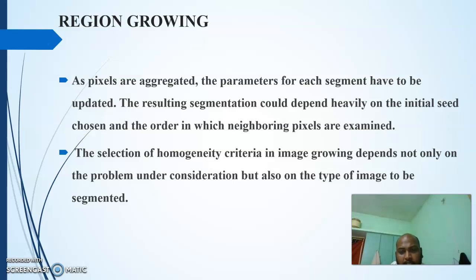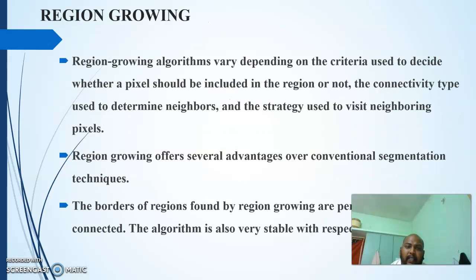This homogeneity criterion generally depends upon the type of image and the type of application we are taking into consideration. So in this region growing algorithm, two or three stages are there. First, selection of seed.